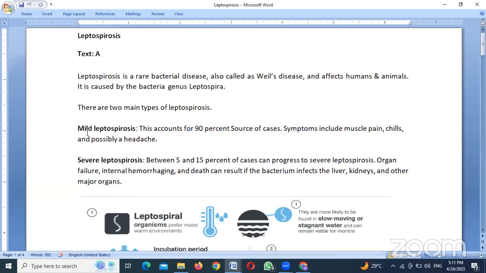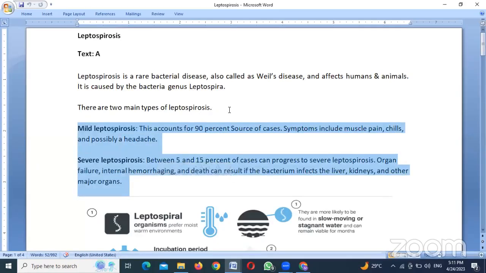Do we need to see the details of these, or just go to the next part? No, go to the next part. Yes, that is good. We just need to quickly see the names, mild and severe, and when there is a question about the mild or severe type of leptospirosis, we will come here. So we don't need to read here.